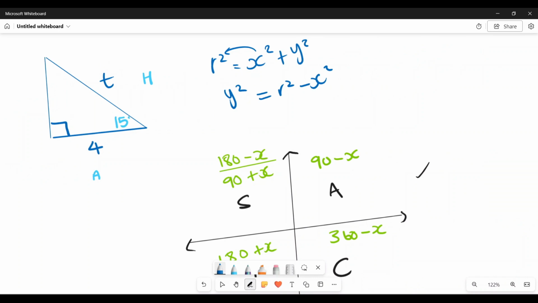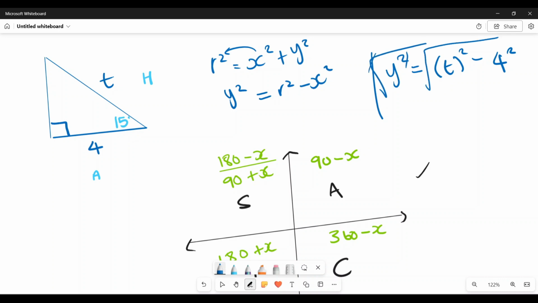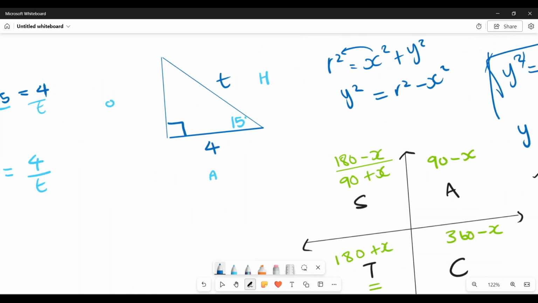Now substituting values, my y squared is going to be equal to my r, which is t squared, minus 4 squared. So as a result, I need to get rid of this squared. I'm going to square root both sides. So my y will be equal to the square root of t squared minus 4 squared, which is 16. So this would be my y value.